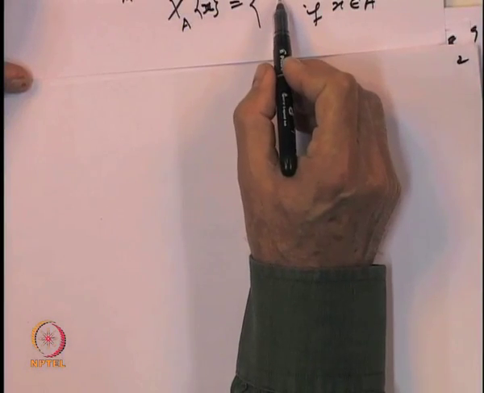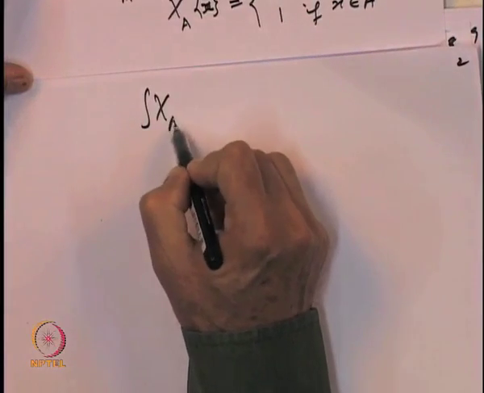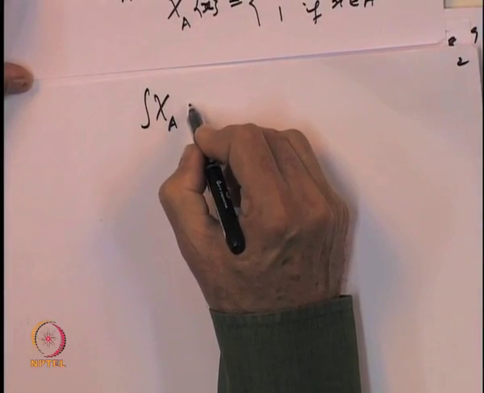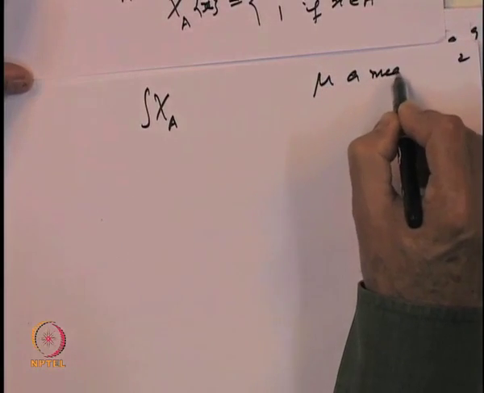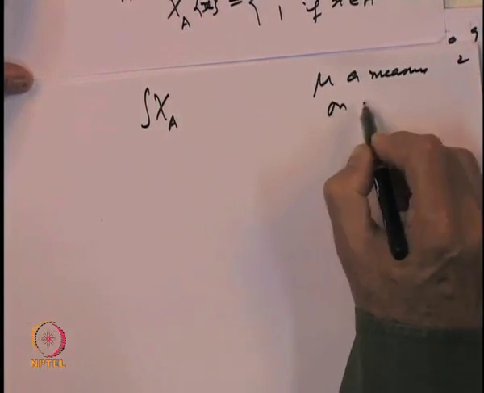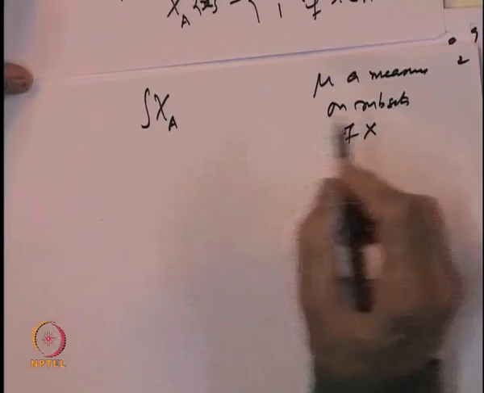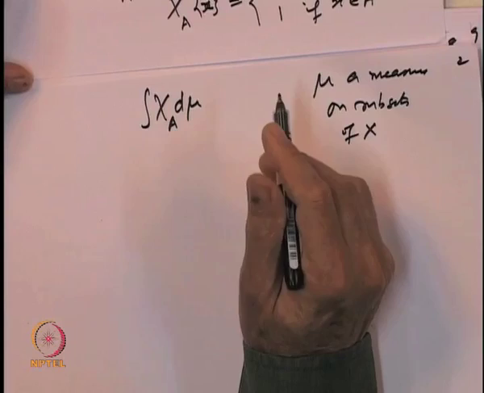Now, we want to define the notion of integral, and this is going to be with respect to a measure mu on subsets of x. So, we are going to write it as the integral of chi A d mu.